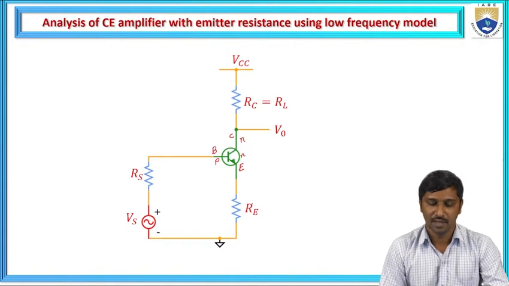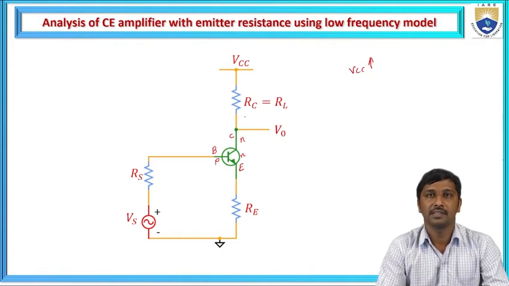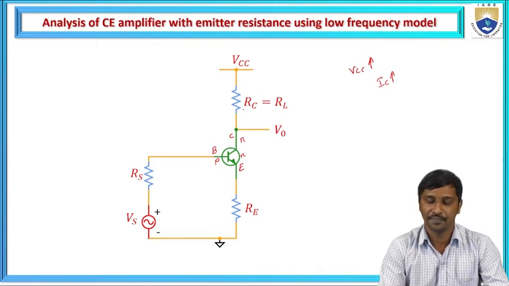For this case, let us consider if the VCC is increased here, and the voltage drop across the collector resistance also increases. Why? Because the collector current also increases. If the collector current increases, the voltage drop across this RC resistance also increases.